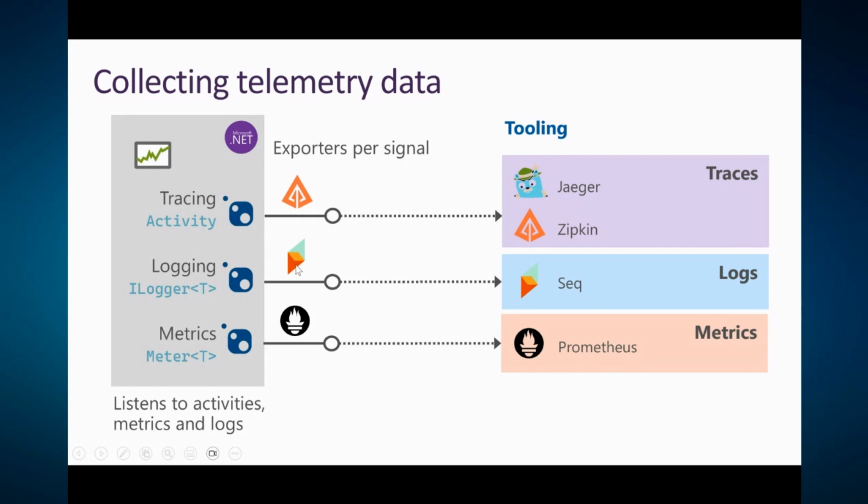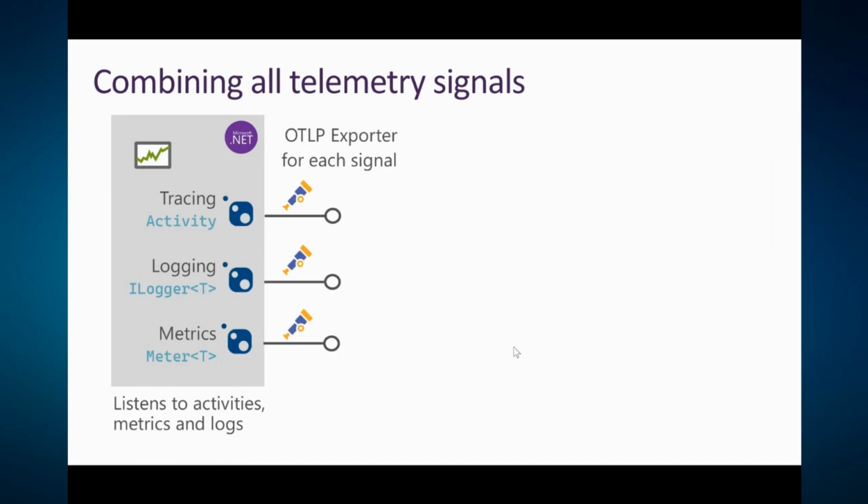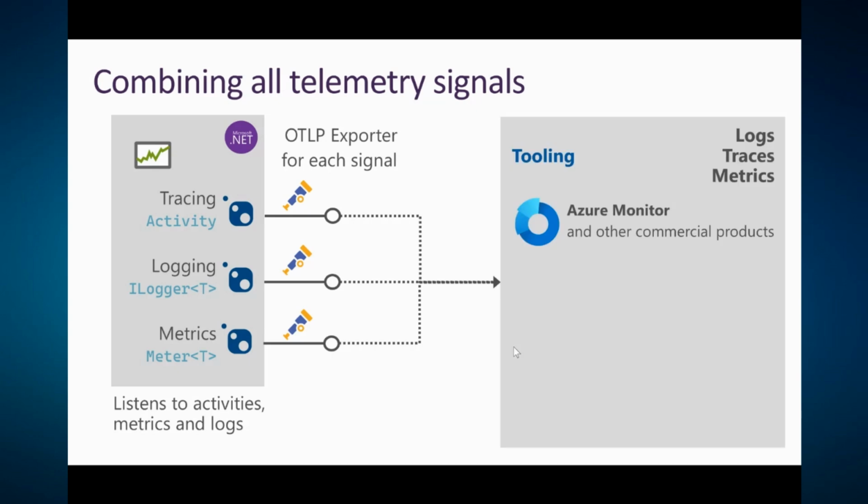You never saw Prometheus and so on. But still, we could make it end up there because Seq was OTLP compliant, Jaeger was as well, and Prometheus, you would need to do something specific. But instead, we combined everything. So we just said do OTLP all over the place. And then you can combine it and send it to tooling that can work with that.